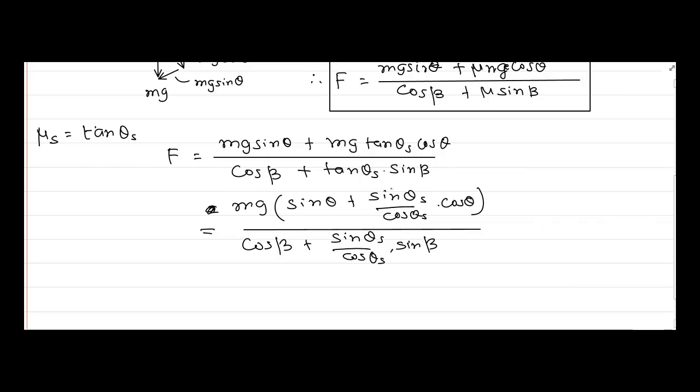And now cos theta s will be the LCM over here, and cos theta s will also be the LCM here, so it will get cancelled out, and cos theta will get multiplied with sine theta s.